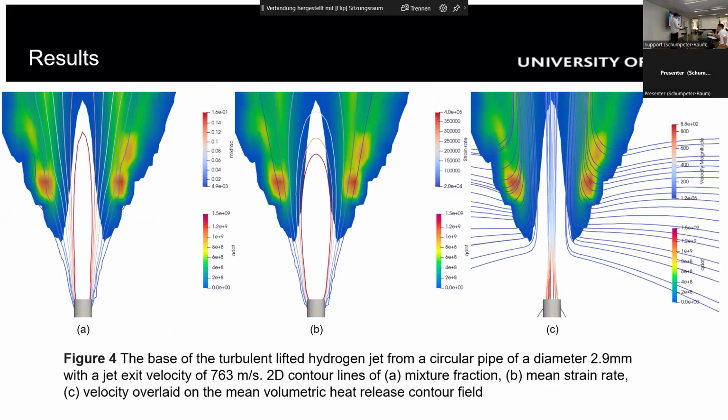This result is at the flame base, with regions of high scalar dissipation, strain rate and mixture fraction corresponding to more intense combustion. The velocity distribution further indicates the role of turbulence in influencing the combustion process at the flame base.